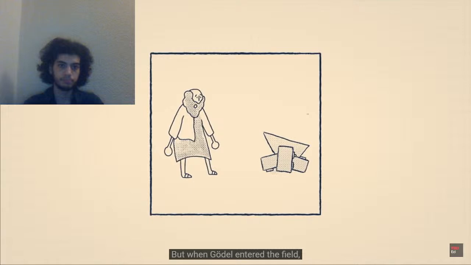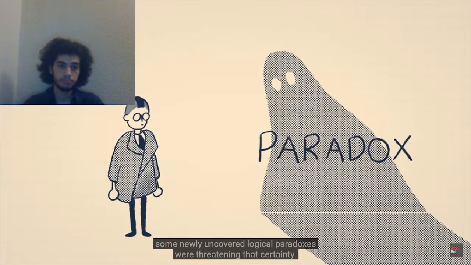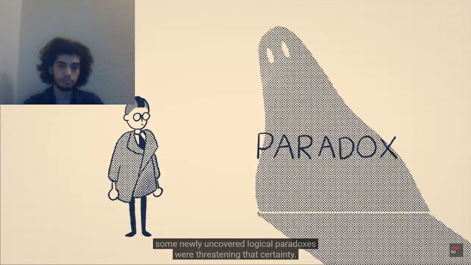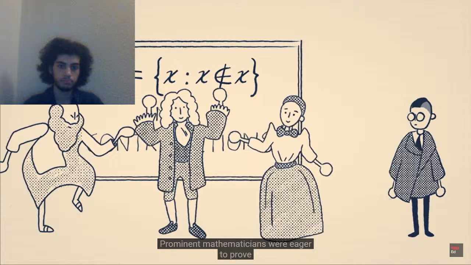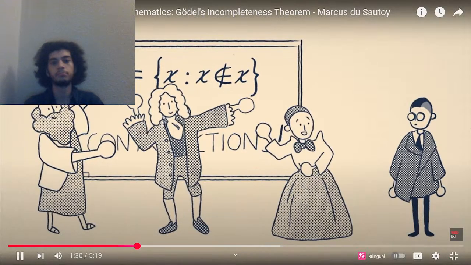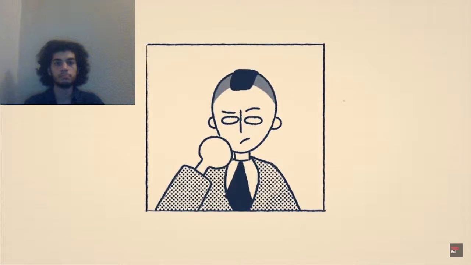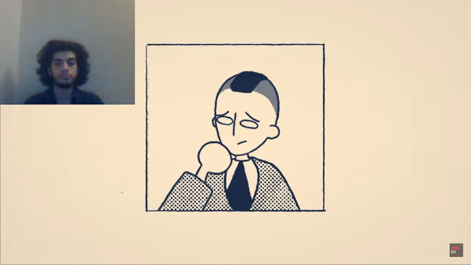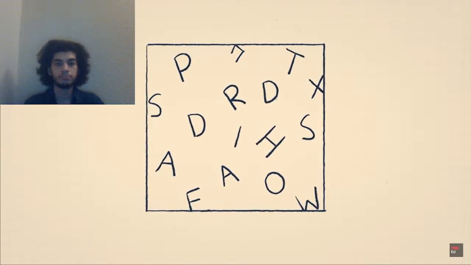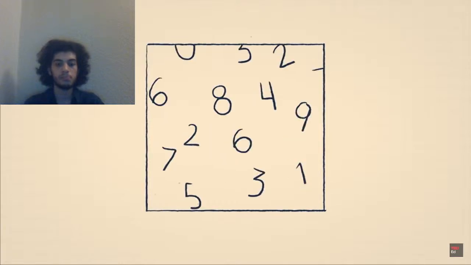But when Gödel entered the field, some newly uncovered logical paradoxes were threatening that certainty. Prominent mathematicians were eager to prove that mathematics had no contradictions. Gödel himself wasn't so sure, and he was even less confident that mathematics was the right tool to investigate this problem. While it's relatively easy to create a self-referential paradox with words, numbers don't typically talk about themselves.